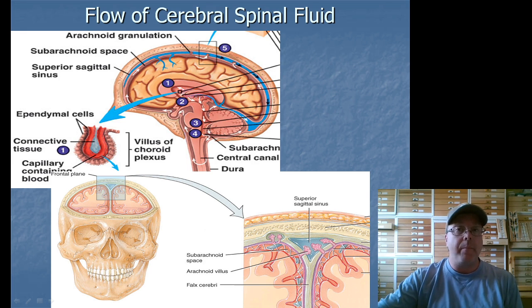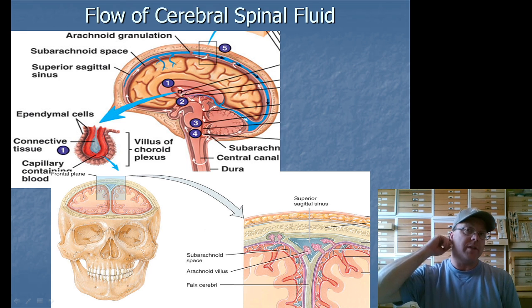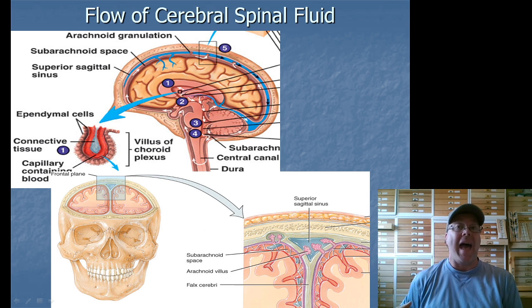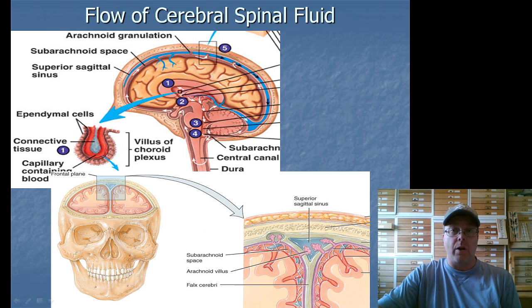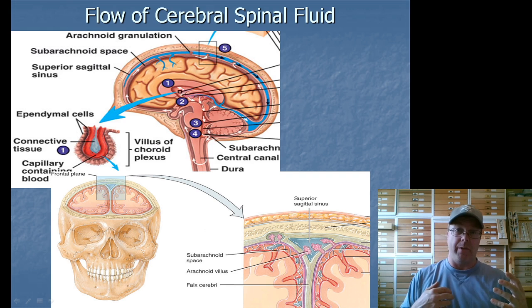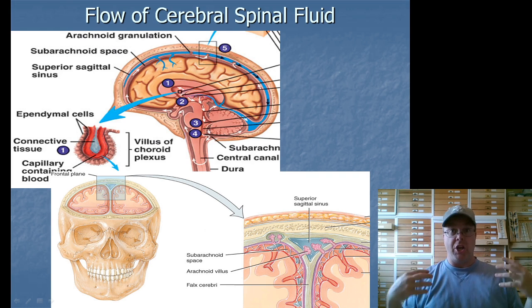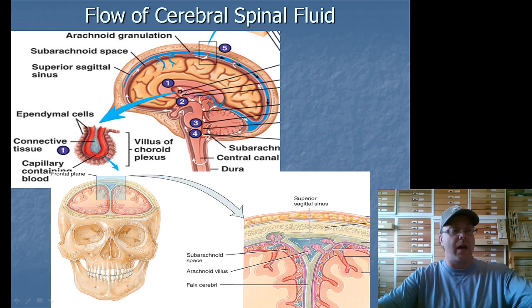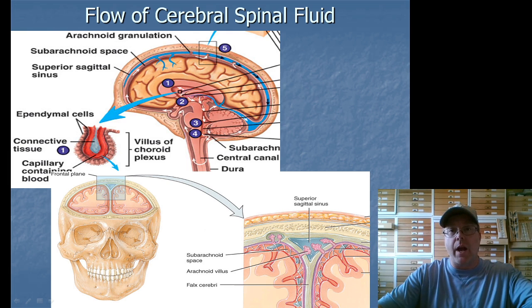Now, this can be temporary, so they can insert a shunt into your head to drain the cerebral spinal fluid into like a bag. That's a more temporary solution. If the brain is damaged, or maybe there's swelling and accident and those arachnoid granulations aren't doing the job, the shunt will drain into a bag. But in the case of this fellow's girlfriend that I had in class, she had to get a permanent shunt that went from her brain.